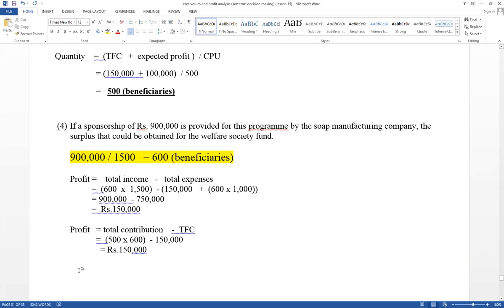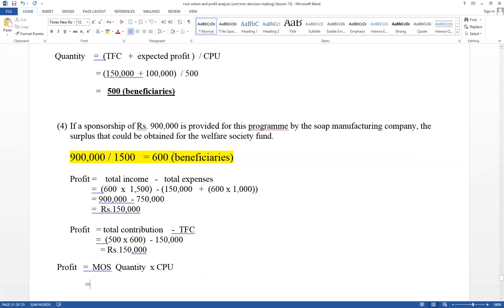Another equation can also be applied: profit equals margin of safety quantity into contribution per unit. Margin of safety quantity, we know, is beyond the BEP.